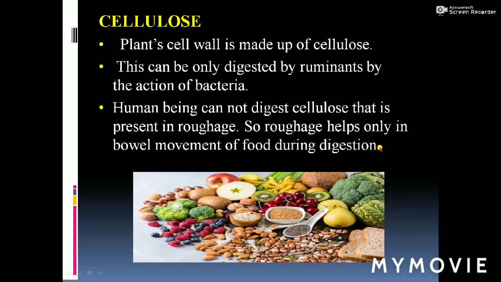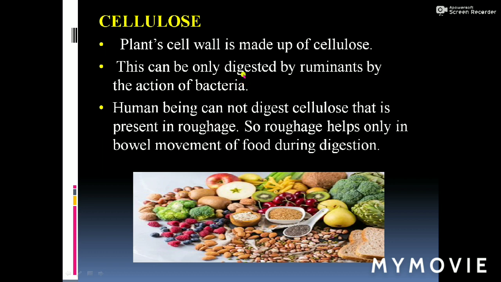So children, I have shown you the picture of roughage. So many fruits, and these are the seeds you take in your salad, radish, onion, tomato, that are also roughage. These seeds are shown because they can be germinated and form fiber-like food.